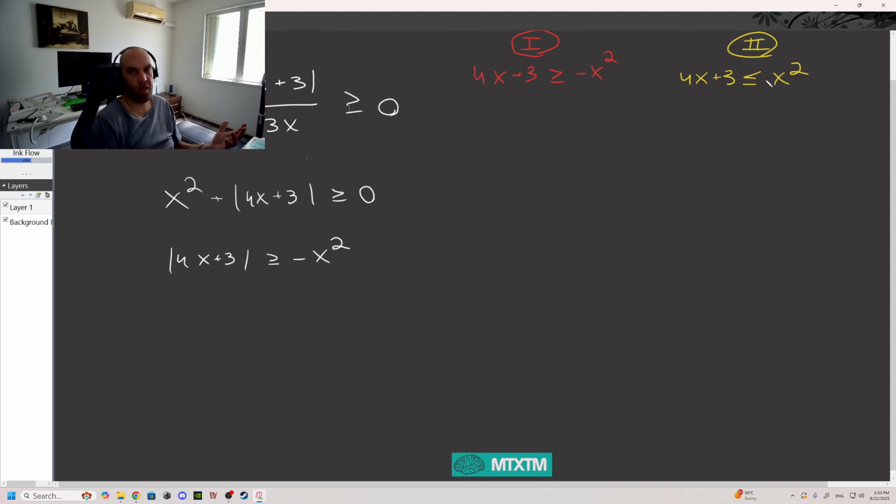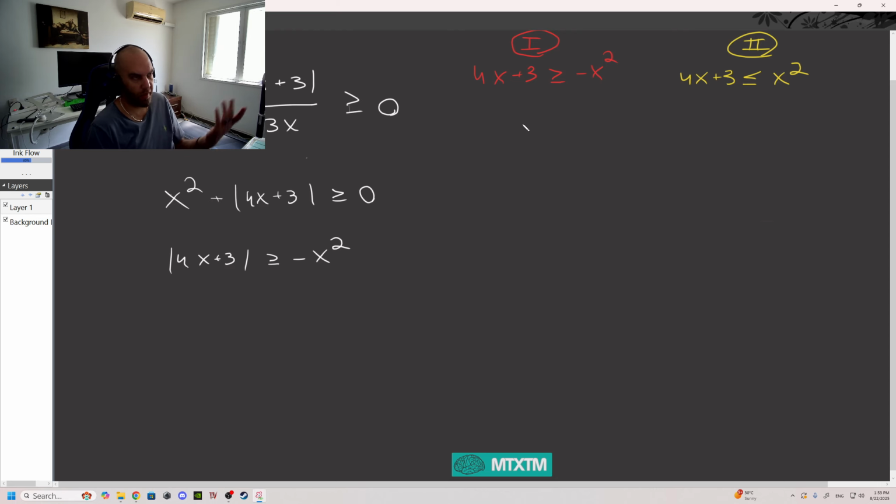So both of them become negative, or what I hope you understand. Again, because when I have an absolute value, I don't know if, for instance, I have minus 3 inside the absolute value. When I do the absolute value on it, it's going to be plus 3. So I don't know initially what I had, so I have to look at the two options of whether it was positive or negative.